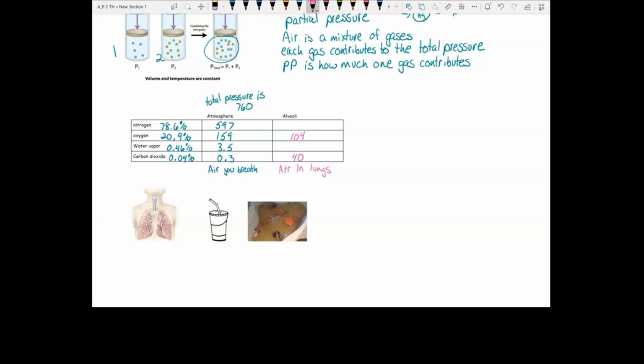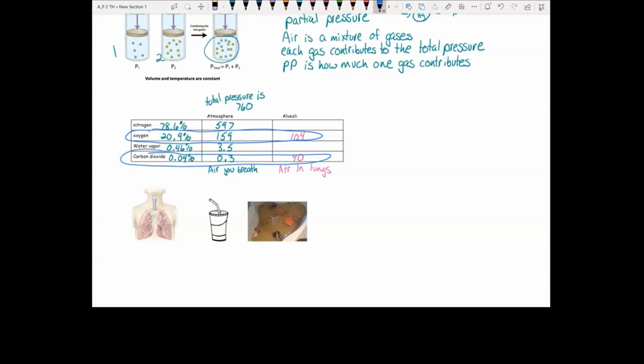So I want to explain the difference in these numbers. If you just focus on oxygen and carbon dioxide. Okay, the air that's right in front of your face right now has a partial pressure of 159 for oxygen and 0.3 for carbon dioxide. You take a breath in.